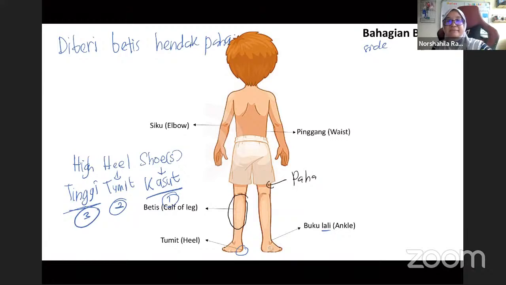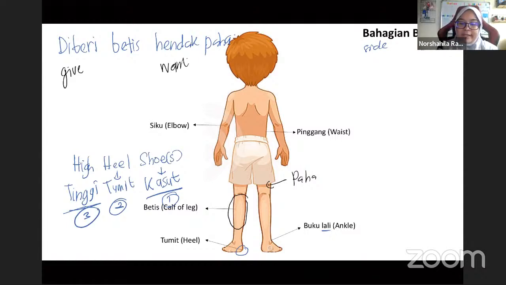Diberi means give. Hendak means want. Okay. So the meaning of this idiom is, you give a calf, but you want a thigh.